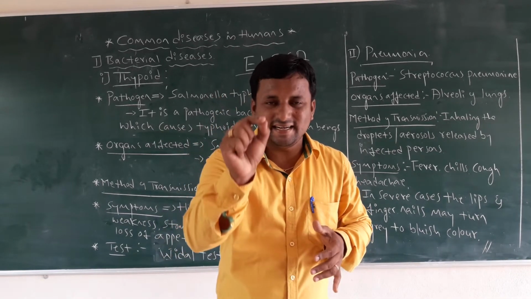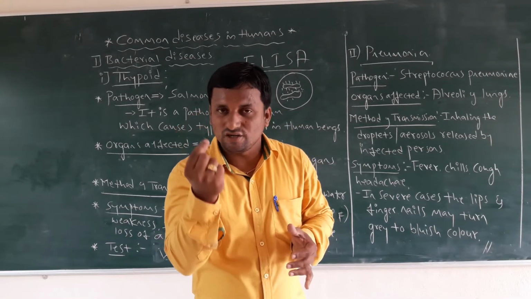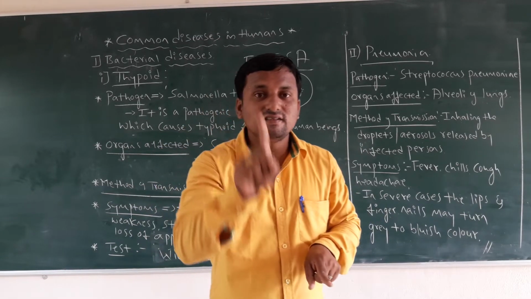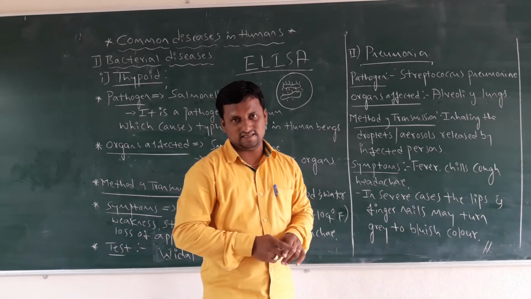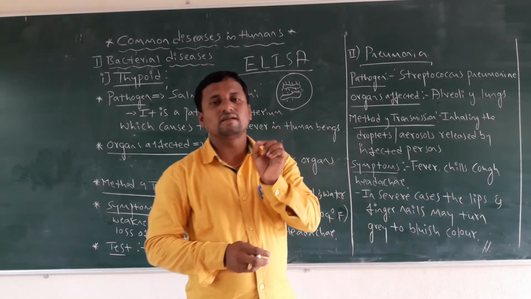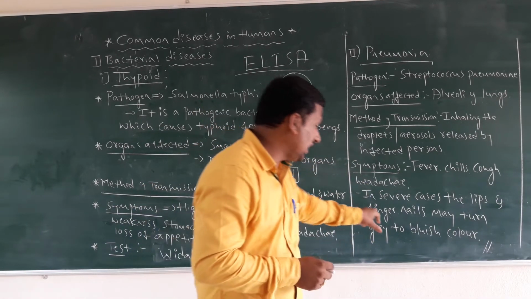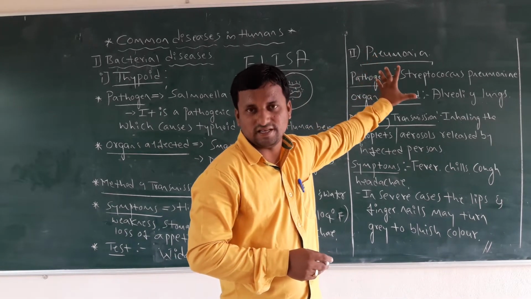Then we easily identify that this person is suffering from yellow jaundice. Like that here also, in the last moment, in severe cases, the lips and fingernails may turn greyish to bluish. These types of symptoms appear through pneumonia.